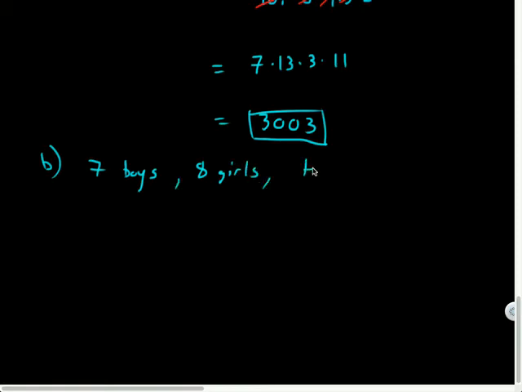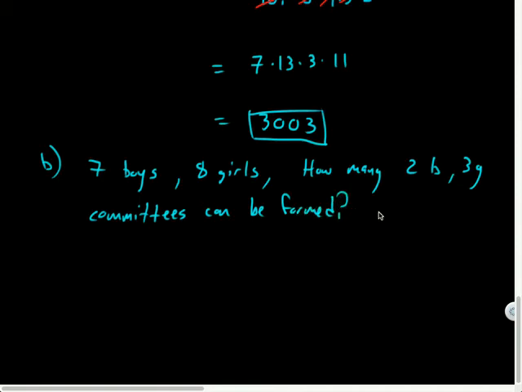How many 5-person committees can be formed if I have 2 boy, 3 girl committees? So we're not allowing a committee of all girls or all boys or 4 girls and 1 boy. I just want to figure out how many ways this arrangement could happen.